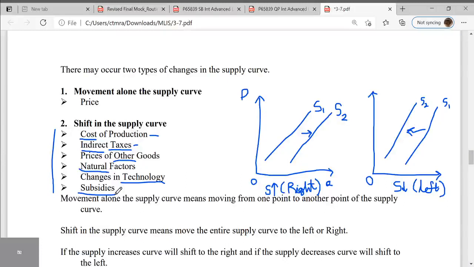Because this is a grant or help from the government, a certain kind of production can be encouraged. So this is known as subsidies. These subsidies will lead to a rise in supply, because cost of production is falling and profit will be rising, so they will be interested to supply more. So these are the factors that will lead to a shift.